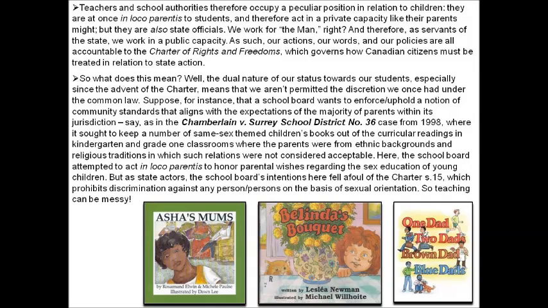So they were acting to respect or honor the wishes of the parents, right or wrong. But as state actors, the school board's intentions here fell afoul of the Charter, Section 15.1, which prohibits discrimination against any person or persons on the basis of sexual orientation. So it turns out that the school board isn't allowed.